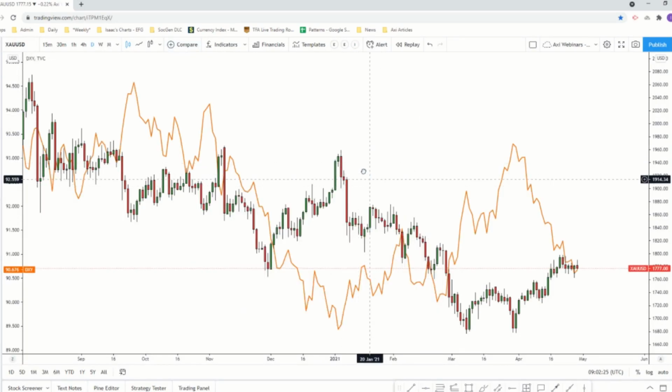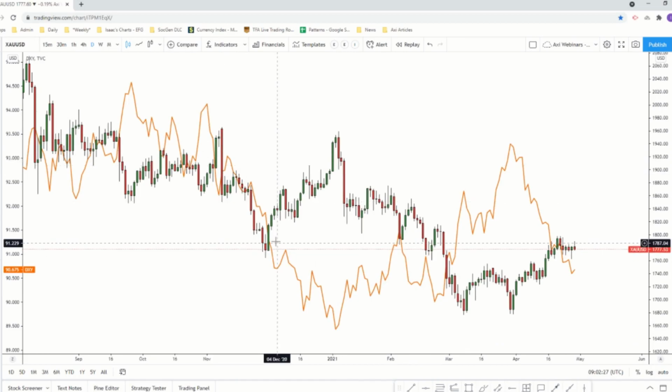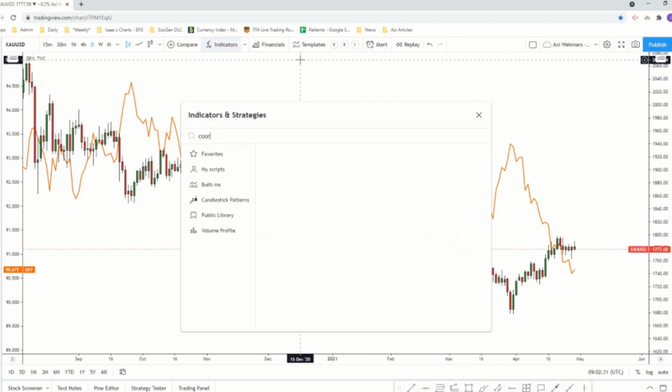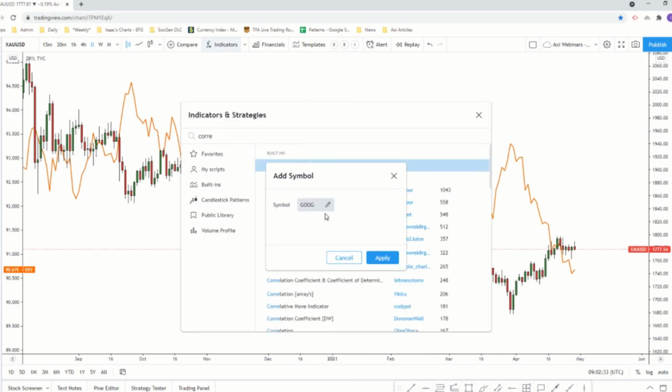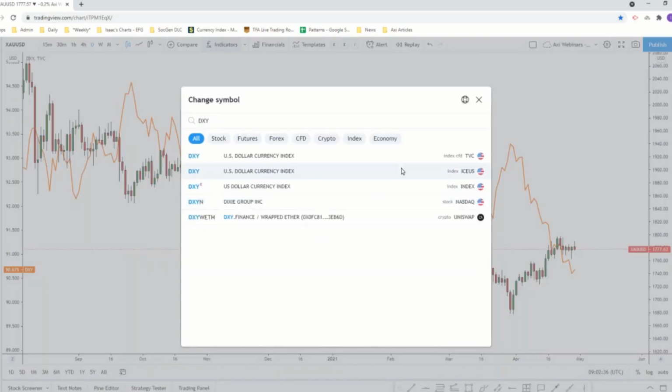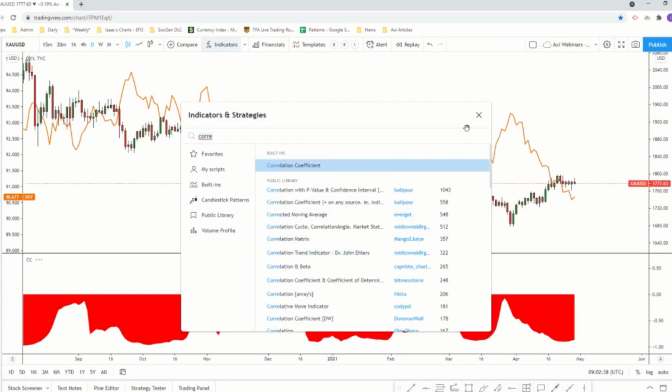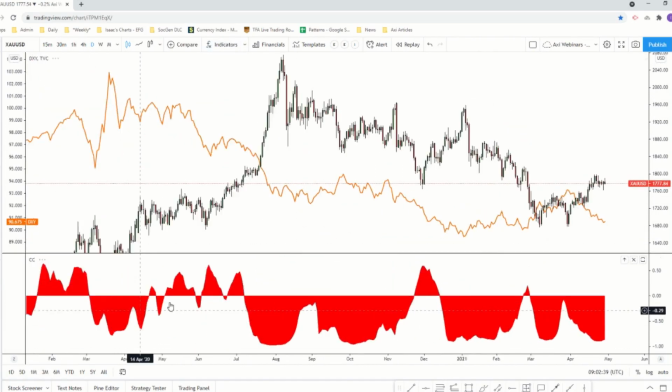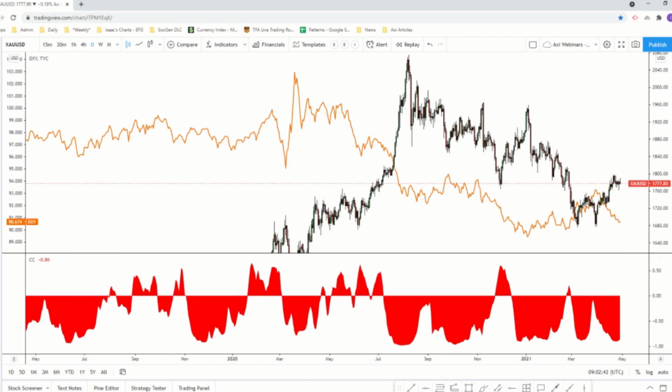And you can see sometimes they're positively correlated, sometimes they're negatively correlated. You can also confirm with a correlation coefficient, and then you just put in DXY and you apply, and you can see, wow, it seems like most of the time they are generally negatively correlated. So they are always correlated, it's just whether positively or negatively correlated.